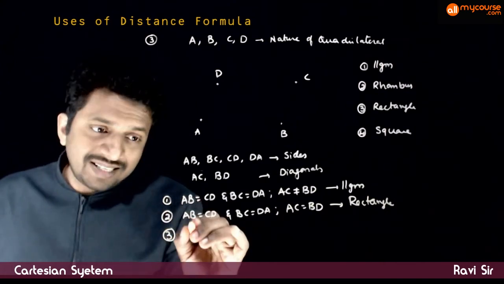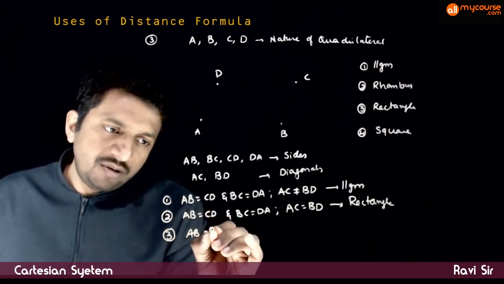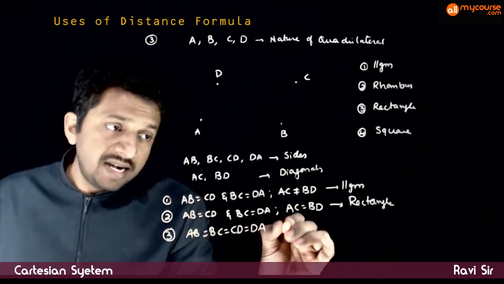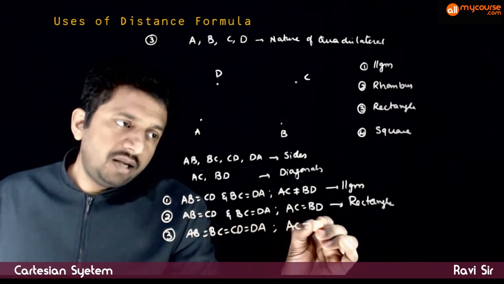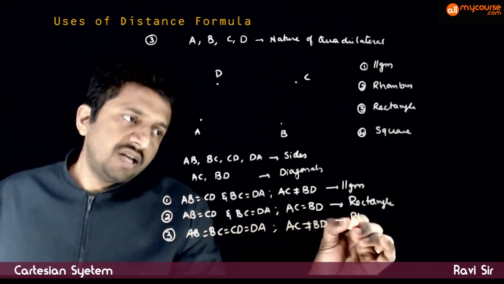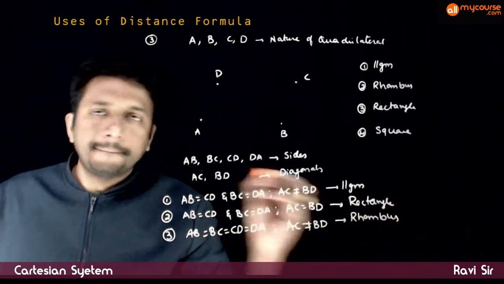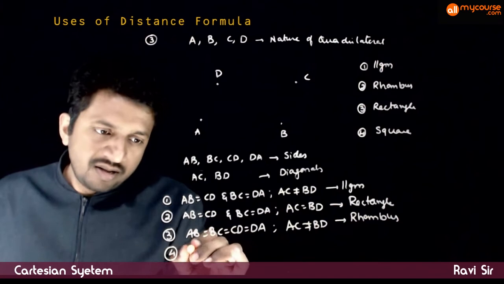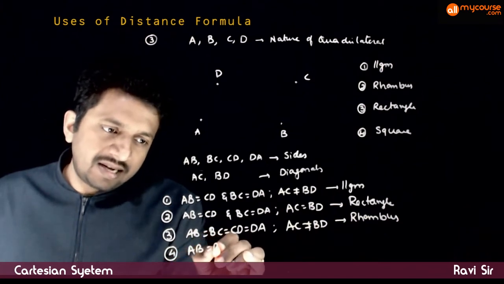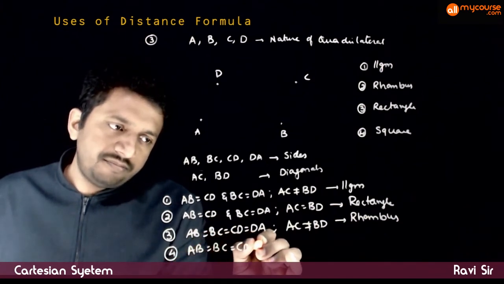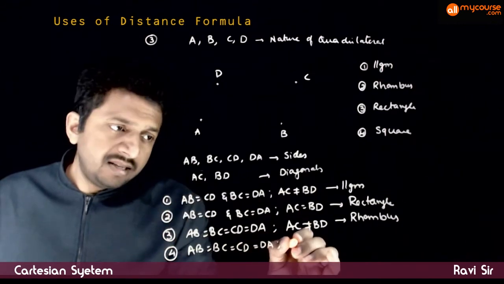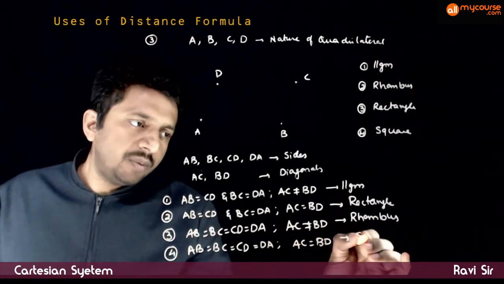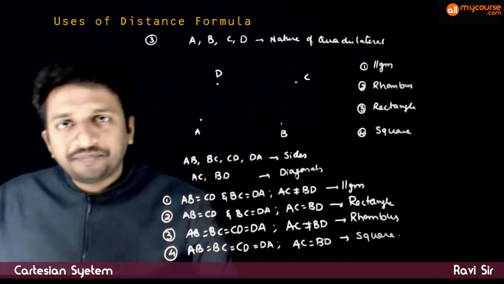If all the sides are equal, if AB is equal to BC is equal to CD is equal to DA, and the diagonals are not equal, then it becomes a rhombus. And the final figure, if all the sides are equal and the diagonals are also equal, the figure formed will be a square.